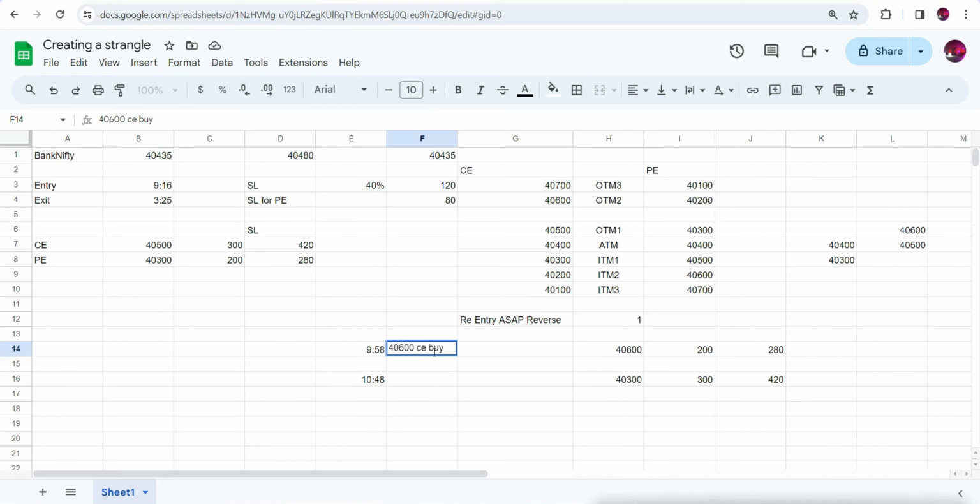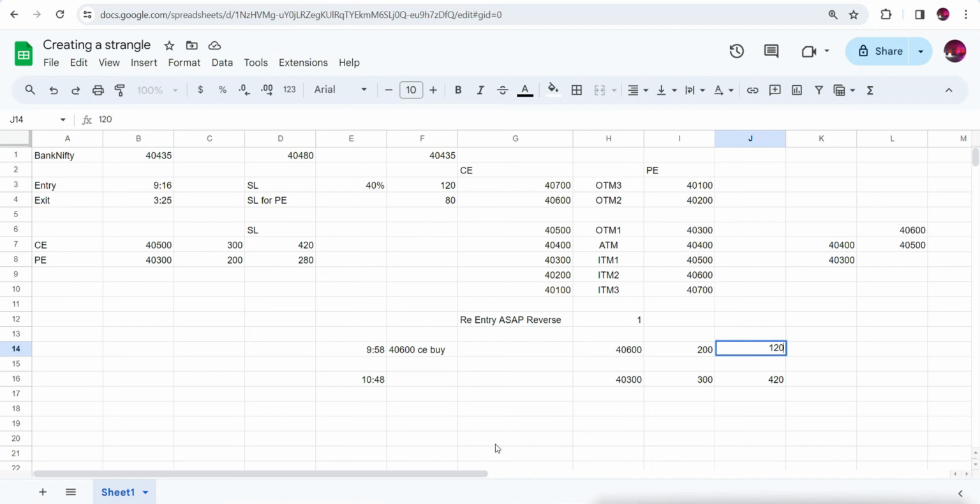So it will buy the 44,600 call, that is the one strike OTM call, and assume the price we got was 200. Stop loss will be the same as usual, 40%. So 40% of 200 is 80 points. Because our position is call side buy, our stop loss will be at 120.